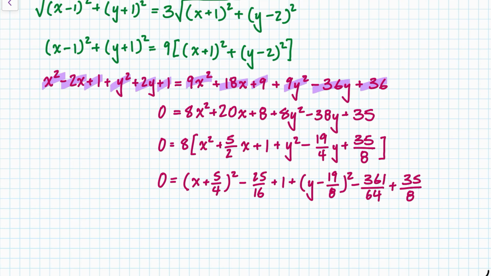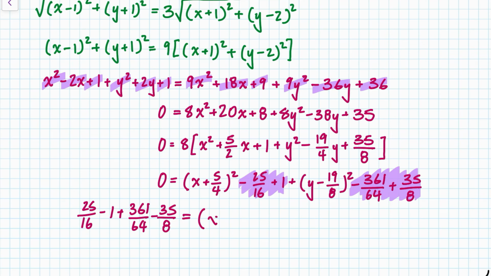So what I'm going to do from here is take all of the numbers over to the left-hand side. So on the left-hand side, I have 25 on 16, minus 1, plus 361 over 64, minus 35 over 8, is equal to x plus 5 on 4 squared, plus y minus 19 on 8 squared.